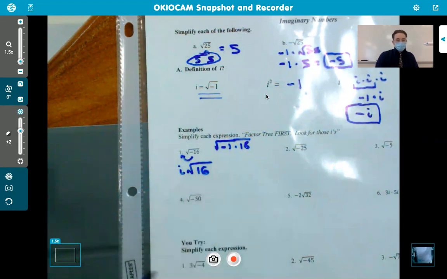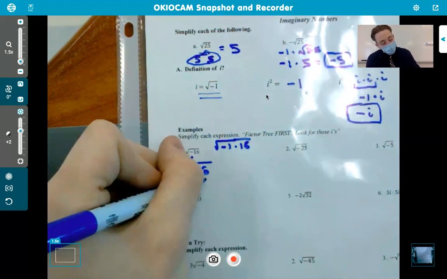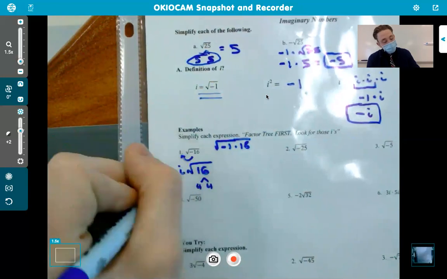Well, what's the square root of 16? What's two numbers that multiply together, the same number, that gives me 16? 4. I know the square root of 16 is 4 and 4.